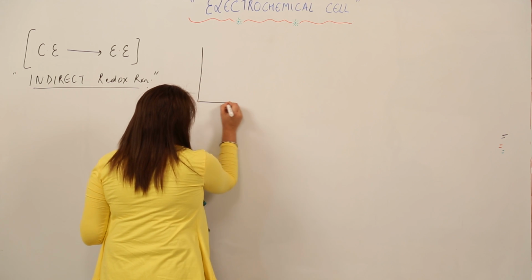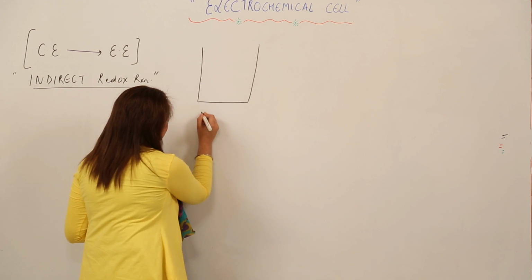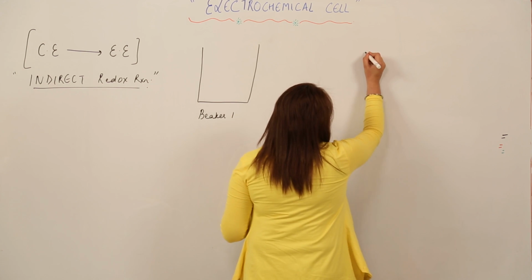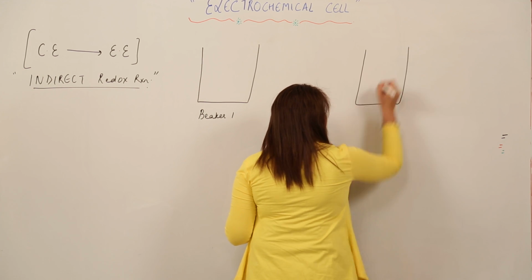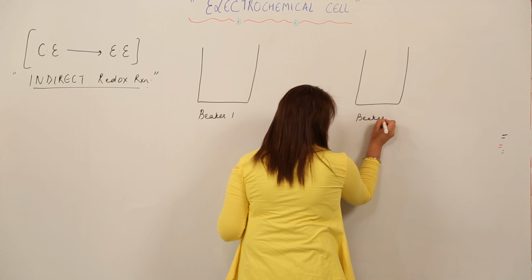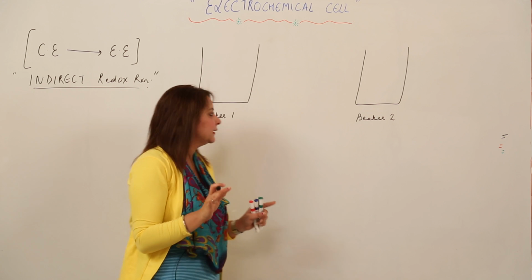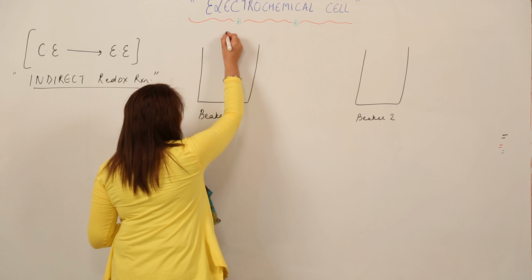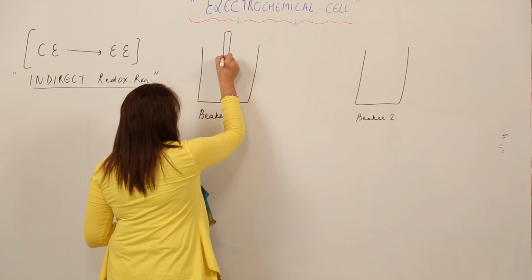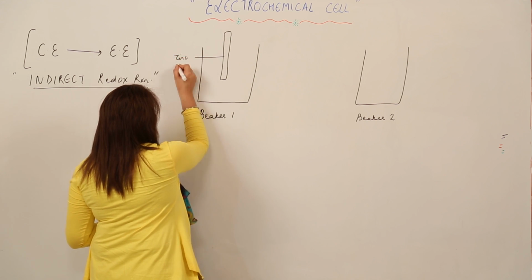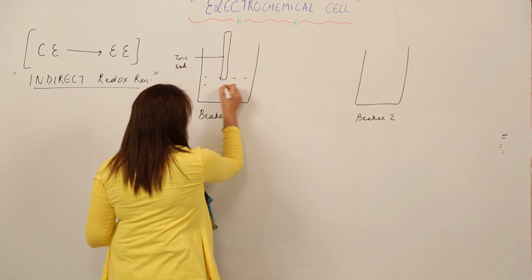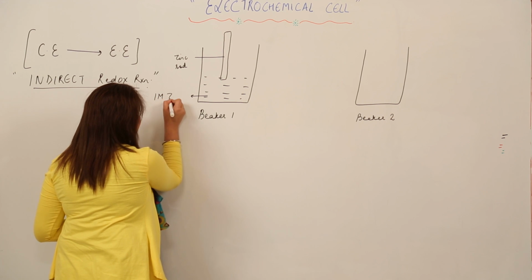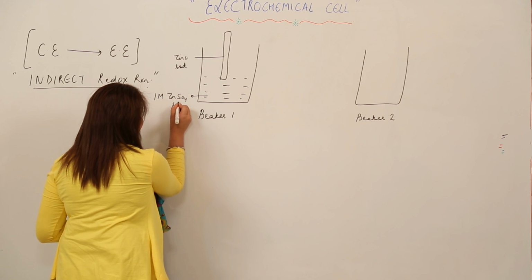It consists of two beakers. One beaker, I am writing beaker 1, and the other beaker, beaker 2. Is it okay? Then what we have in beaker 1 is a zinc rod dipped in 1 molar ZnSO4 solution.